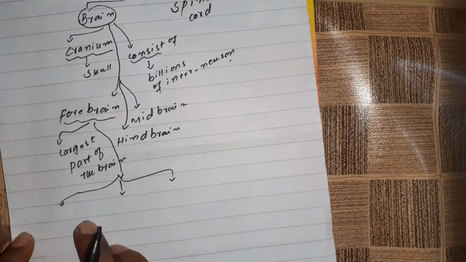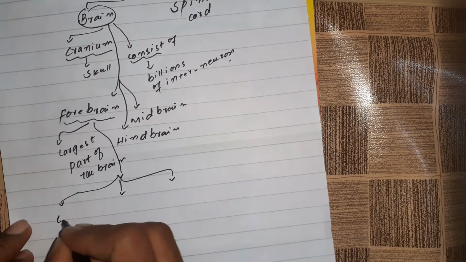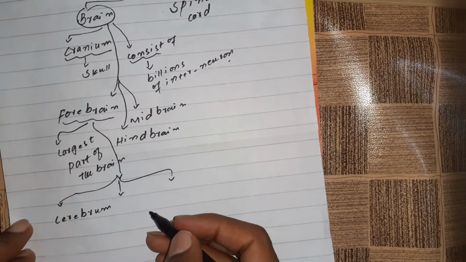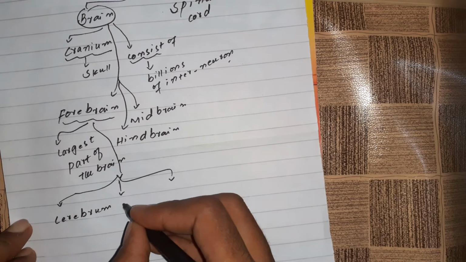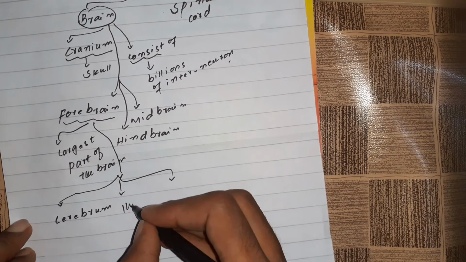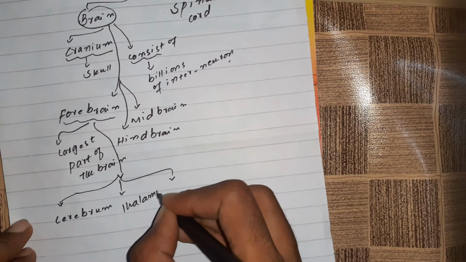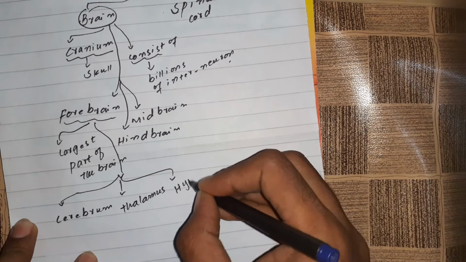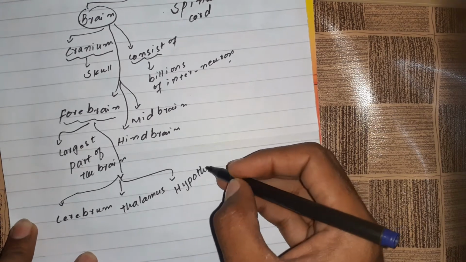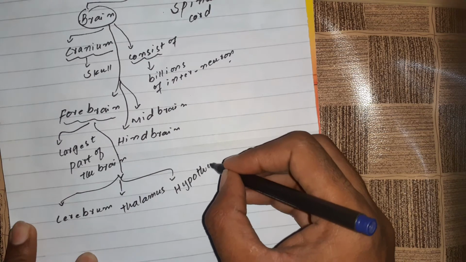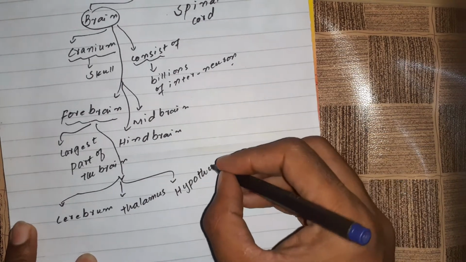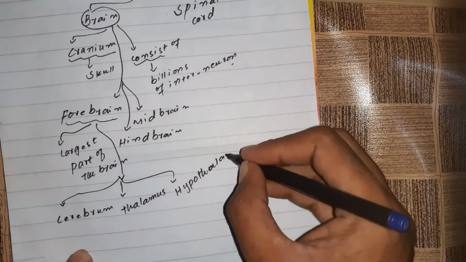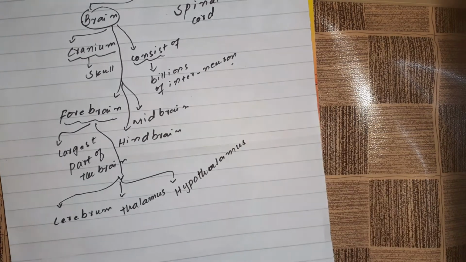What we have here: cerebrum, then thalamus, and hypothalamus. Clear?